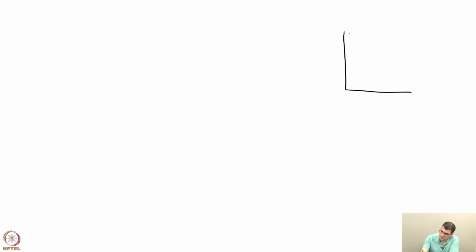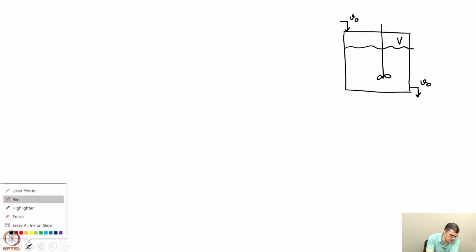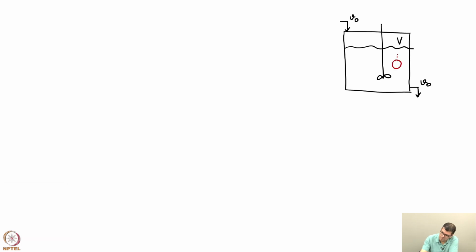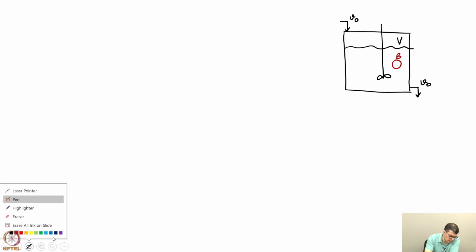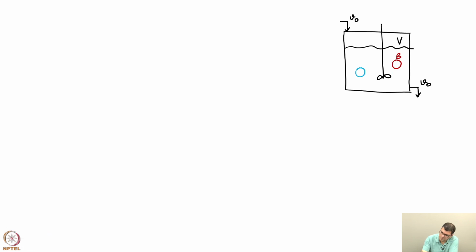So, what we said that this chemostat is occupied by two different species B and A, and as growth happens, B type gives rise to B type individuals and A type gives rise to A type individuals.